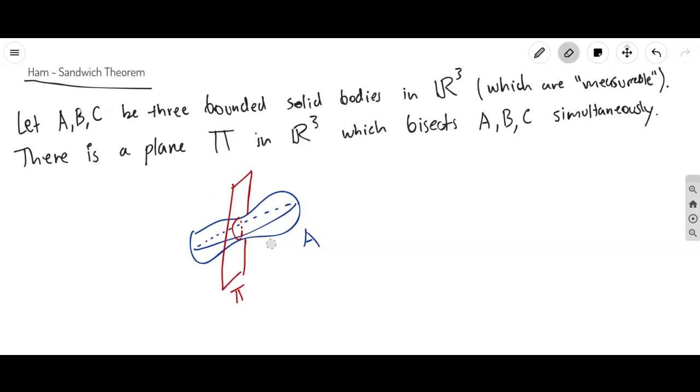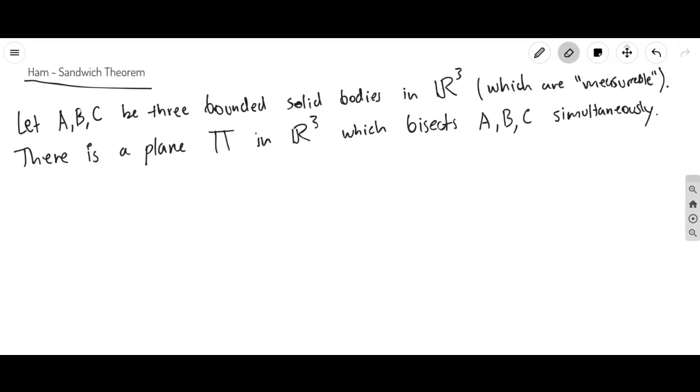If you want to think about what that means, you can take A, intersect Pi, and then take the complement, and you get two remaining pieces when you remove the intersection. And that's what you're saying, is that these two pieces will have the exact same measure. Measuring means volume. But there's a plane that does it simultaneously to all three solid bodies. So that's a pretty surprising result. And interestingly, we're going to prove this using the Borsuk-Ulam theorem.